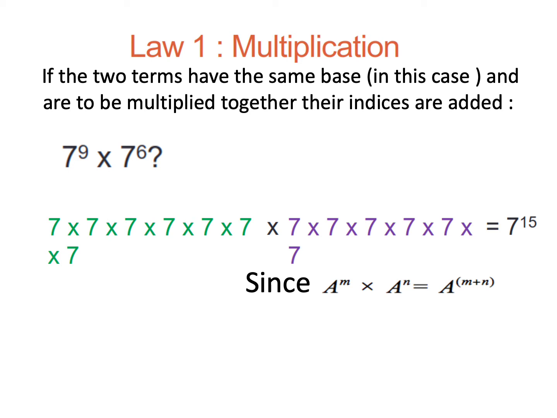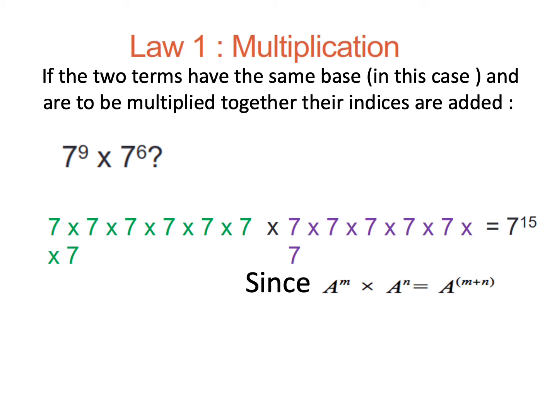So if the terms have the same base and the two terms are to be multiplied together, then their indices or powers will be added. So 7 to the power of 9 multiplied by 7 to the power of 6 gives 7 to the power of 15.